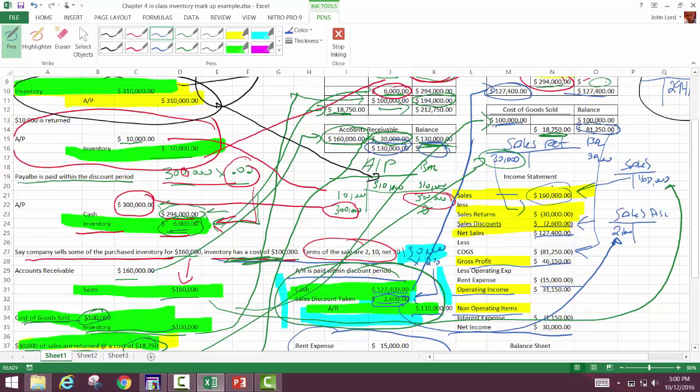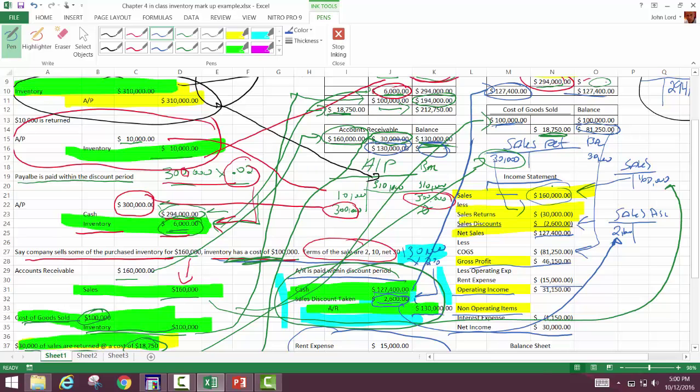With me so far? Okay, so let's go ahead and prepare our income statement right here. What do I have? I have my sales minus my, there's that 30,000 sales return. See the arrow pointing to sales return?